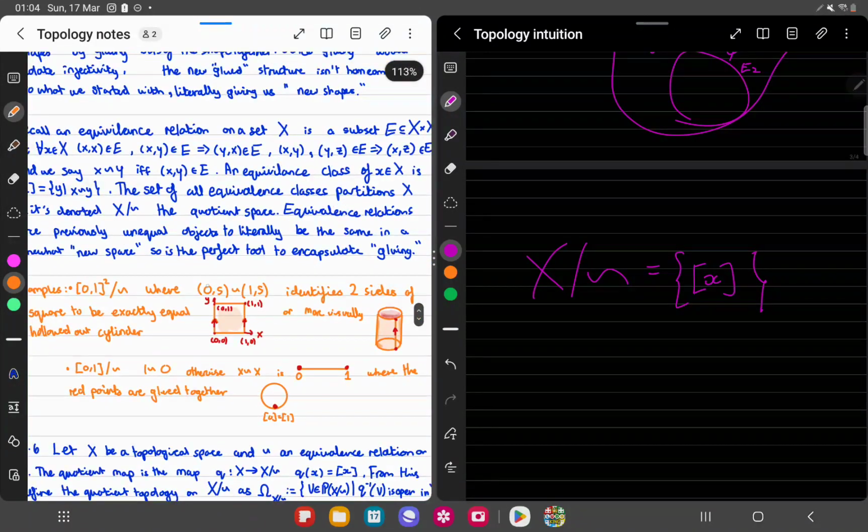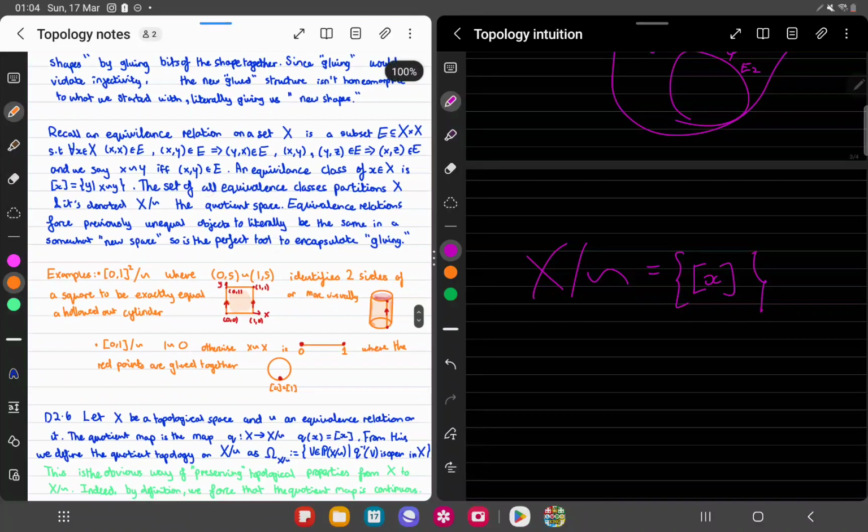Here's an equivalence relation that identifies the left side of a square to the right side of a square. If you think about the quotient space, it's like saying I glued this side here to that side. And because this is just a filled-in square, all you're going to end up getting is a hollowed-out cylinder as a topological space.